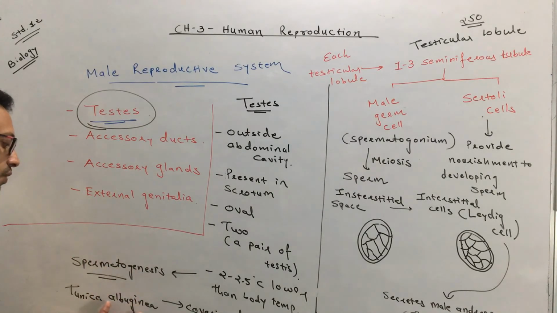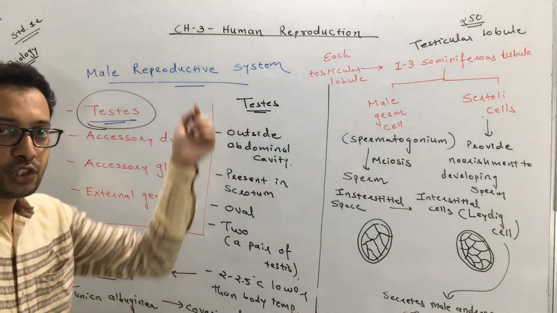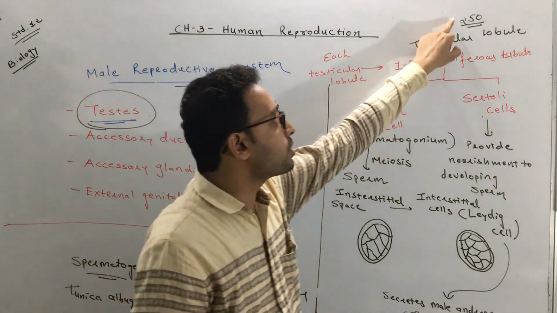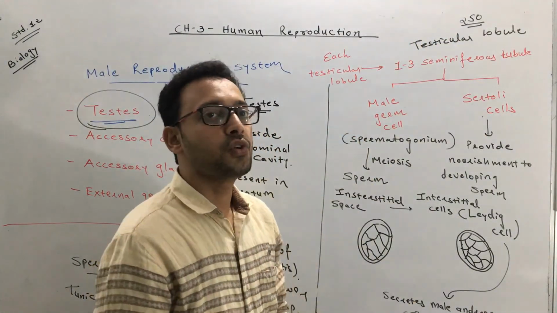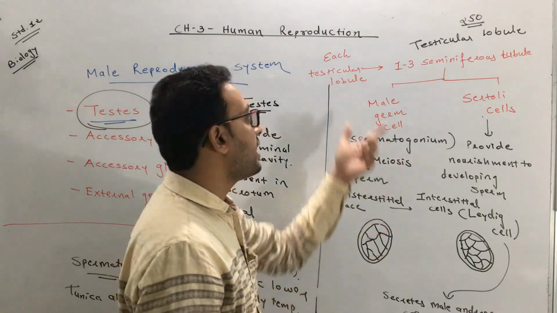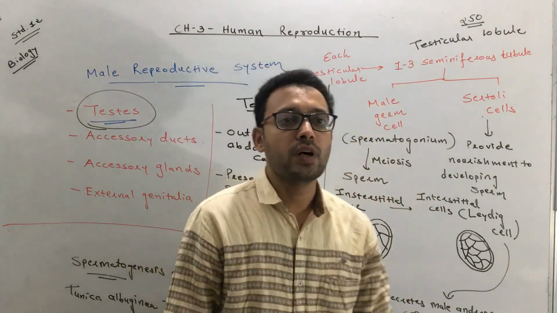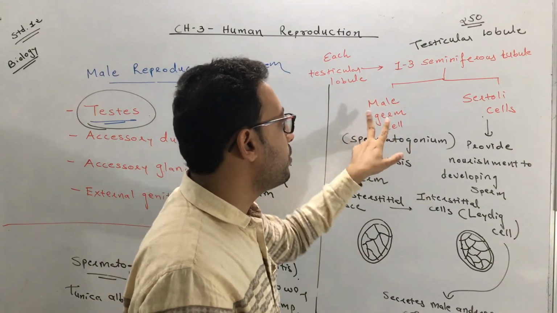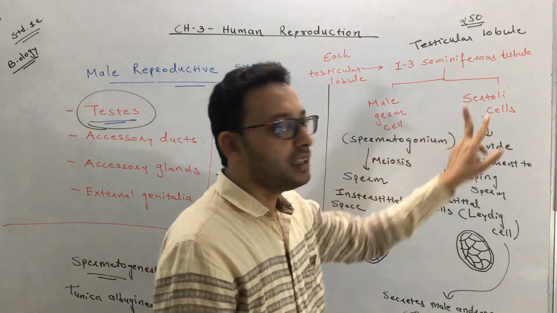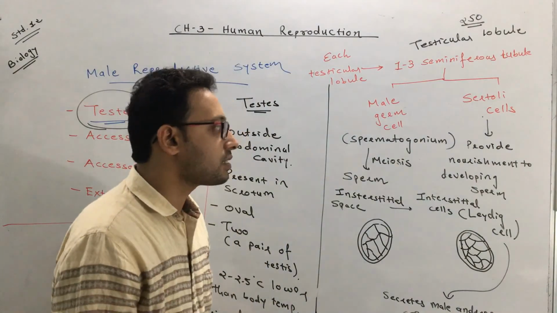Each testis is covered by fibrous connective tissue called Tunica Albuginea. Tunica Albuginea extends inwards and forms 250 testicular lobules. Each testicular lobule has 1 to 3 seminiferous tubules. The lining of the seminiferous tubule is made up of two types of cells, male germ cells and Sertoli cells.